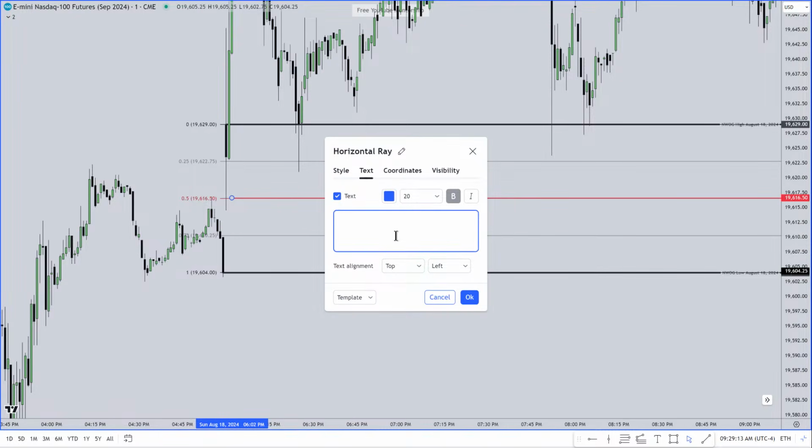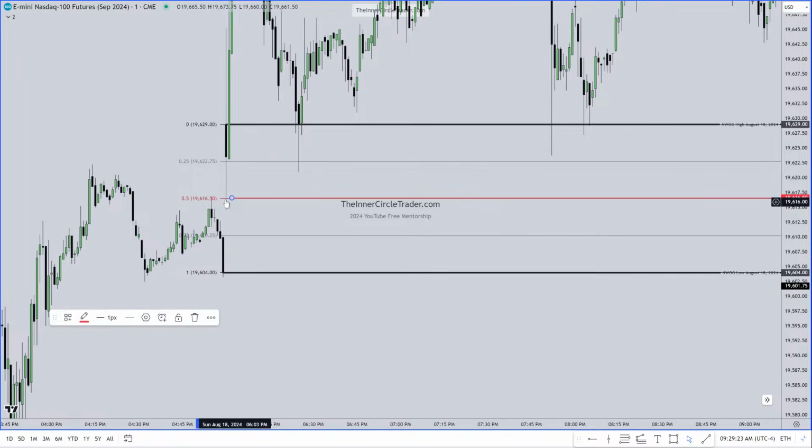New week opening gap high August... I'm sorry, not high, but new week opening gap August 18, 2024, and then C.E. And that'd be it. But I don't need that. But you're welcome to have that on your chart. There's nothing wrong with it.